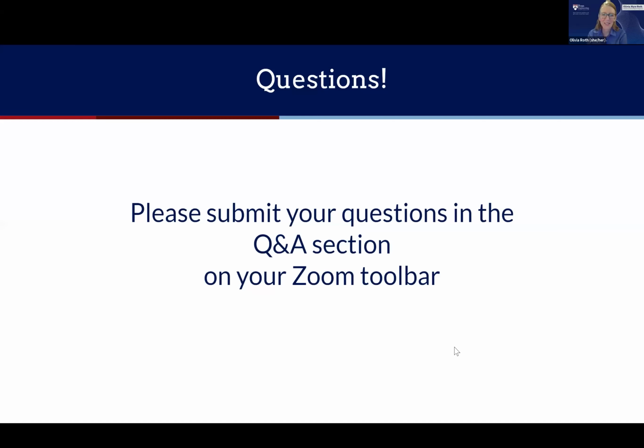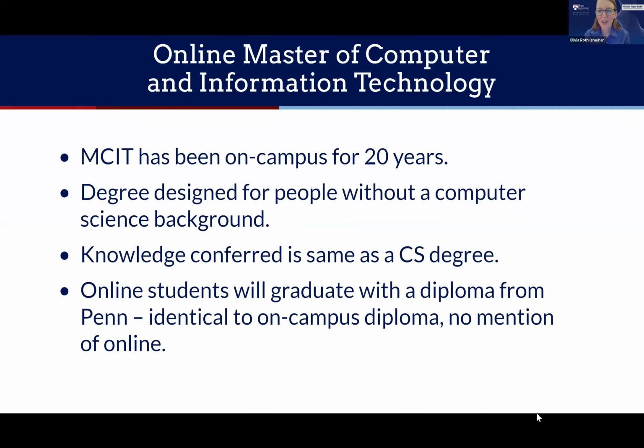All right. So we have been talking about the online Master of Computer and Information Technology. And this is a really unique degree. This was brought on campus about 20 years ago at Penn Engineering. And so it's a very established degree with lots of graduates out in the world getting awesome jobs.